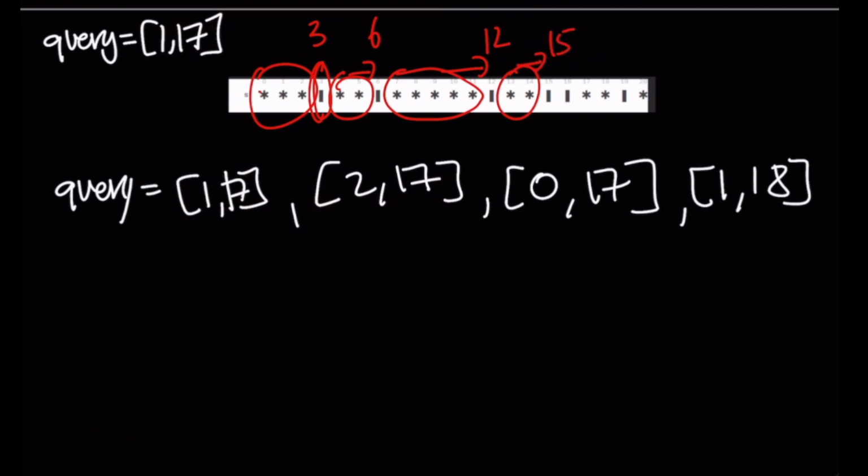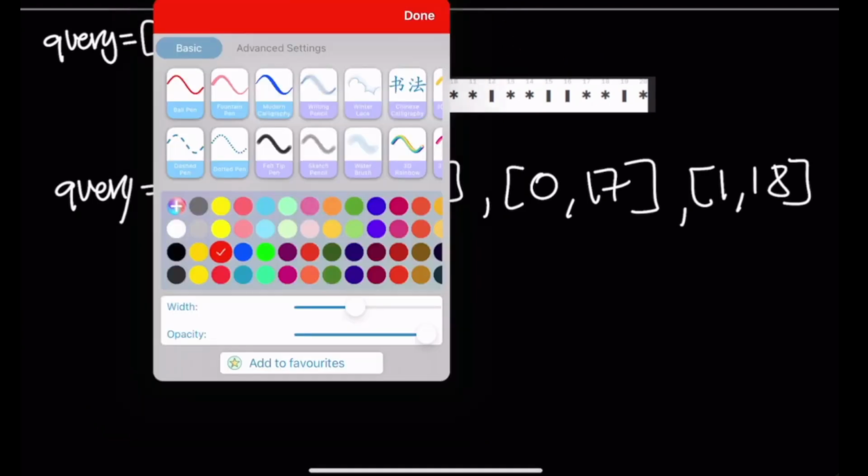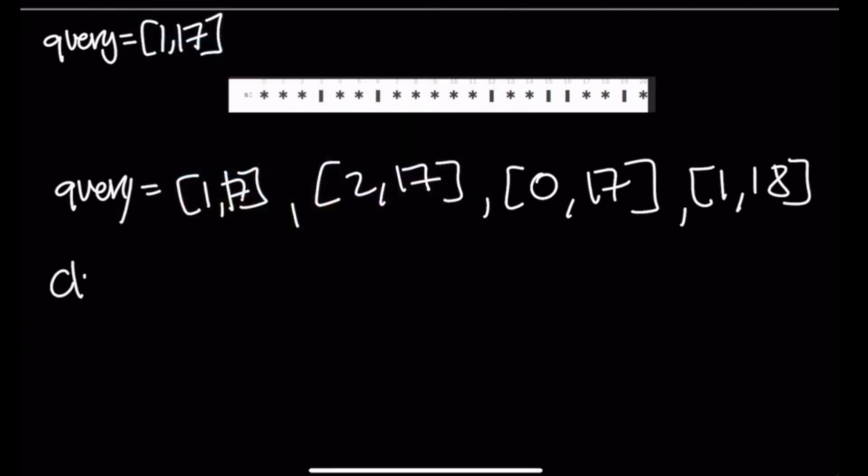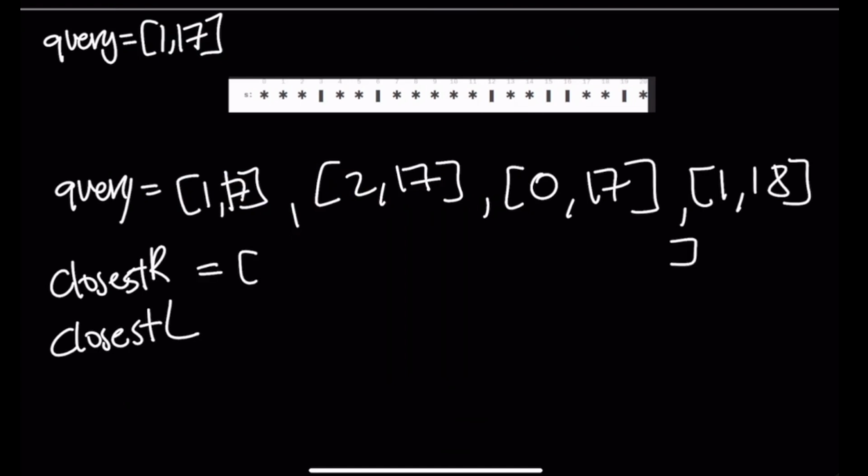So why don't we just compute what the closest right and closest left of each indices are? So we can have closest right and then closest left, such that for each index, we figure out the closest candle to the right or to the left to the corresponding position.